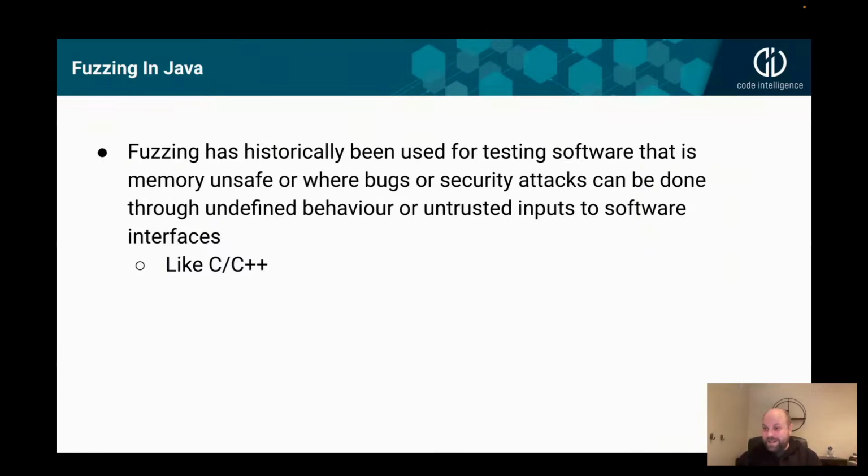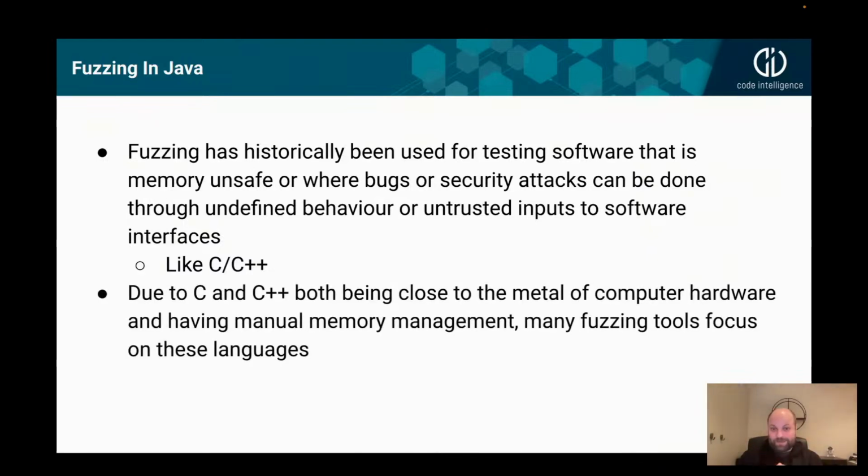These are the classic, depending how you think about it, low-level programming languages. C and C++ are both close to the metal, and because they're very close to computer hardware, they both have manual memory management.